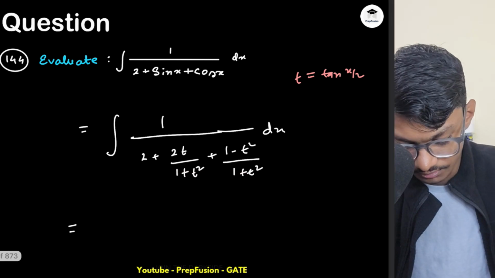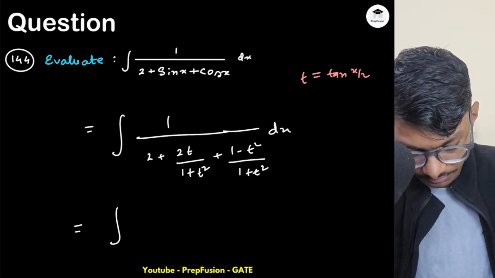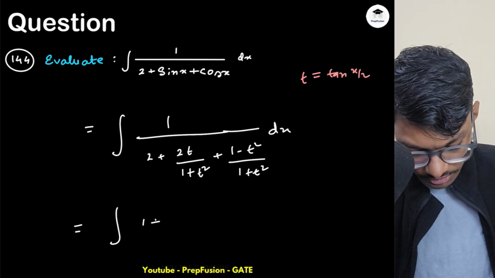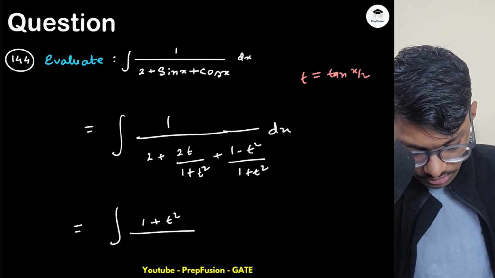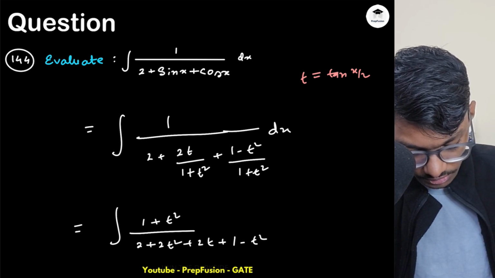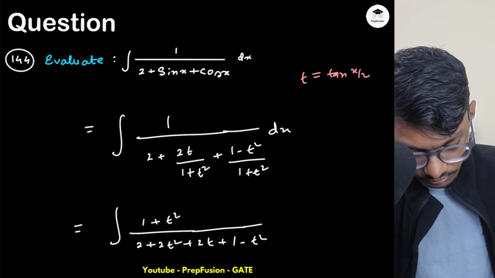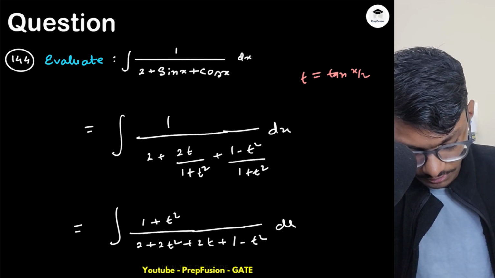Or I can club everything together. So 1 plus t square will be here, and this will be 1 plus t square. So this is 2 plus 2t square plus 2t plus 1 minus t square, dt.